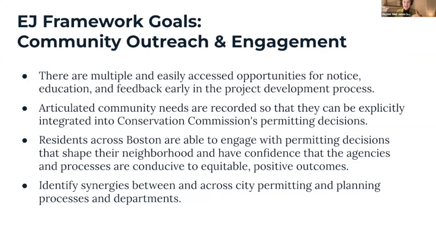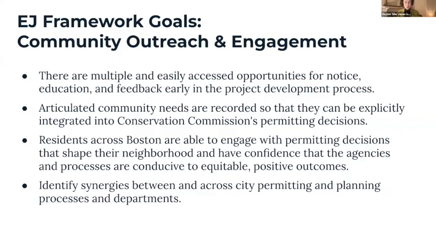Some of the goals that then came out of those values, you're going to see they fall into 4 different buckets. So one of the buckets from the framework is around outreach and engagement. So a lot of this will be familiar to you.